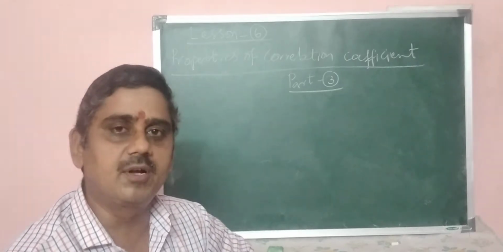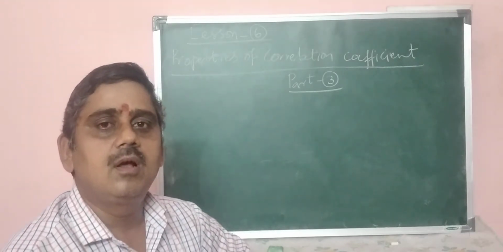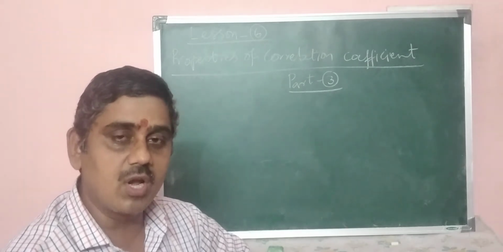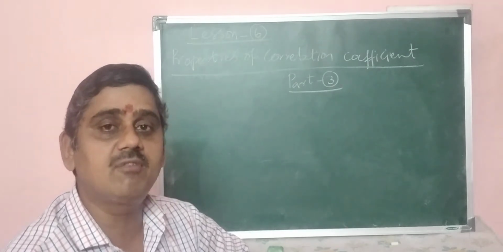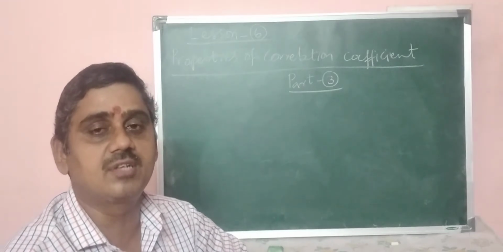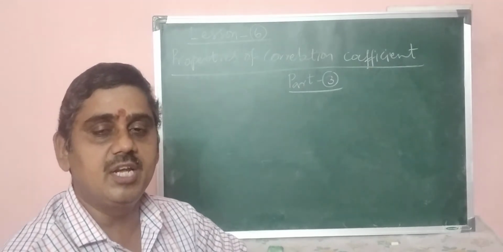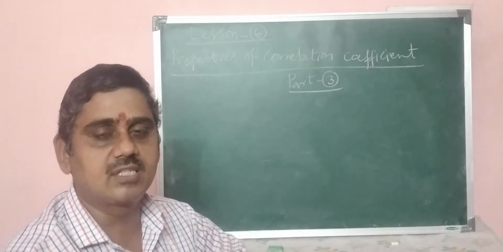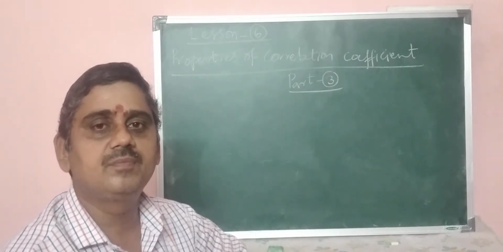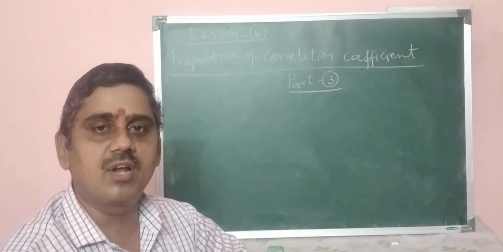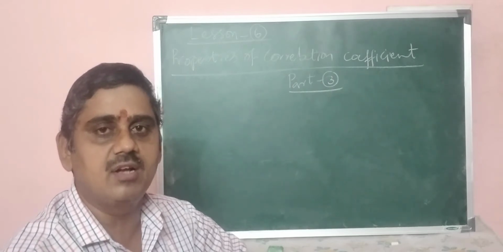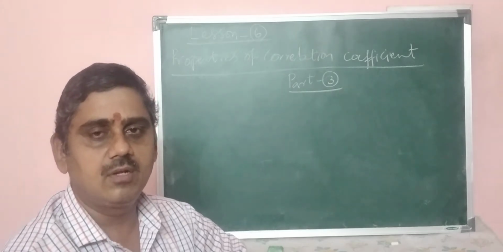And the third property, the effect of change of origin and scale. The correlation coefficient is independent of change of origin and scale, that is, Rxy is equal to Ruv. It is not affected by shifting the origin and scale.